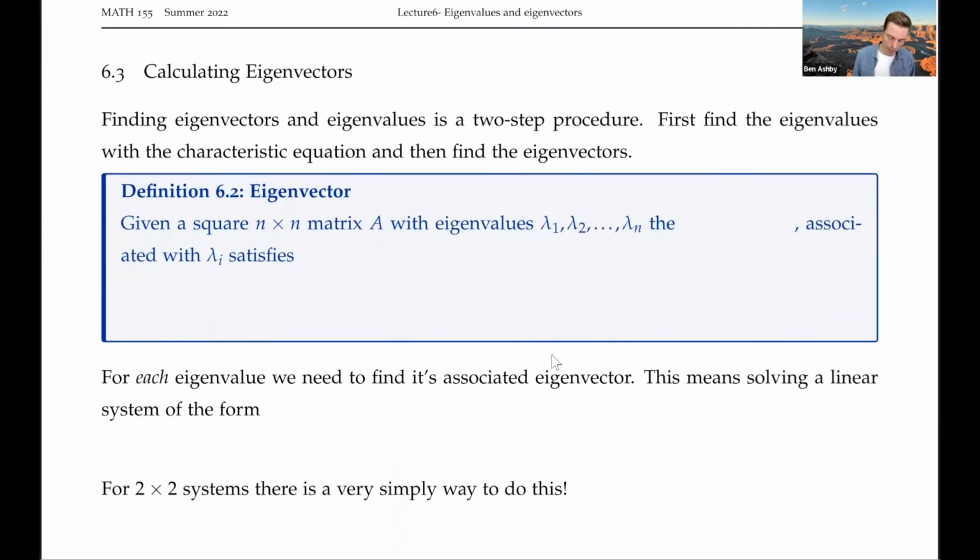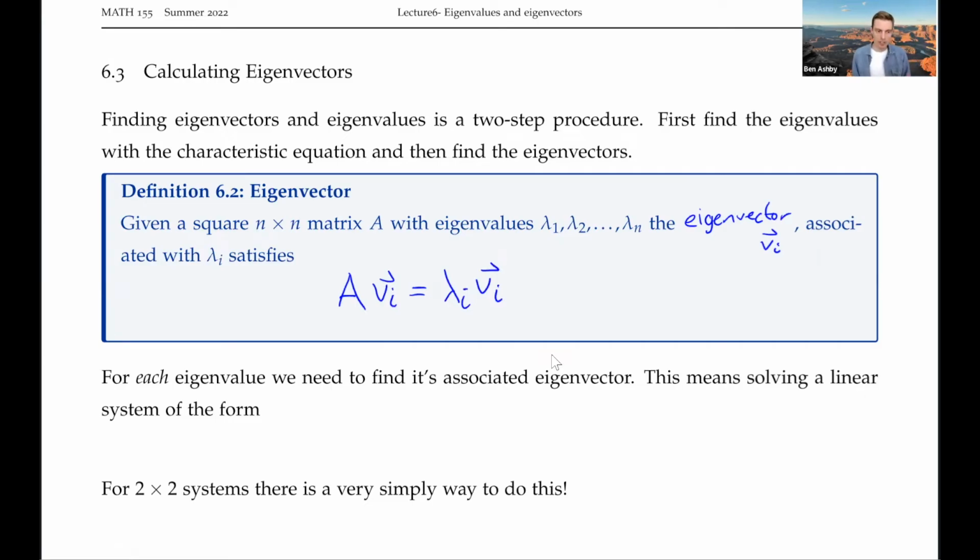So if we have, in general, a square n by n matrix with eigenvalues lambda 1, lambda 2, and so on up to lambda n, then we say that the eigenvector, which I'll call Vi, associated with lambda i, satisfies the equation A times Vi is equal to lambda i times Vi.